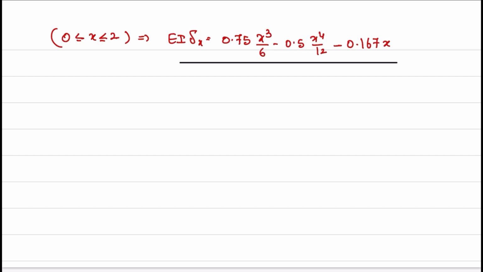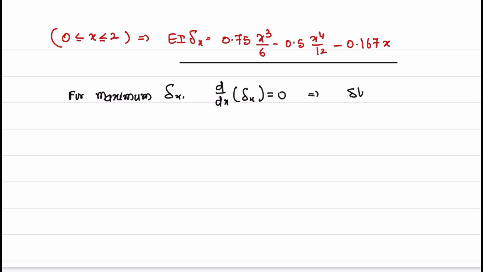And let us see how to find the point where delta x is maximum. That means for maximum delta x, d by dx of delta x should be equal to 0.